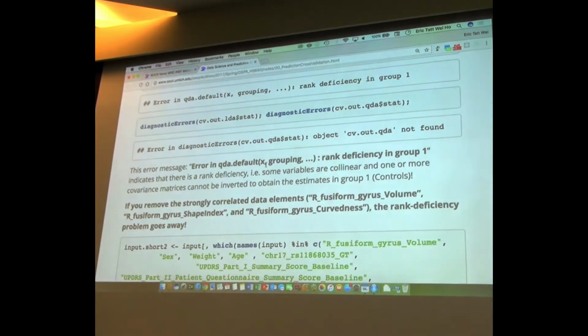It basically says rank deficiency in group 1. Rank deficiency simply means some of the matrices are lower ranked than they need to be. The inversion of the matrices or the matrix multiplications cannot be computed, and the reason for this most of the time is that you've got these collinear features. Now, if I remove some of these collinear features, the QDA is happily going to cruise along.